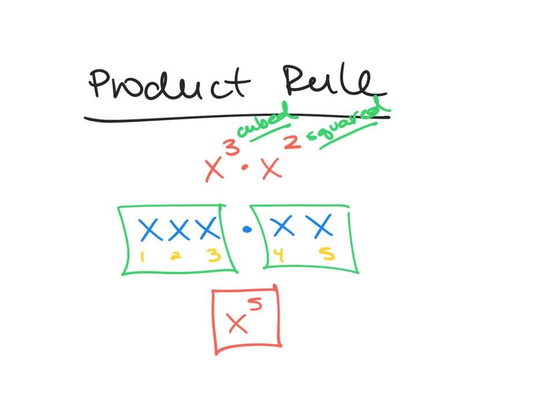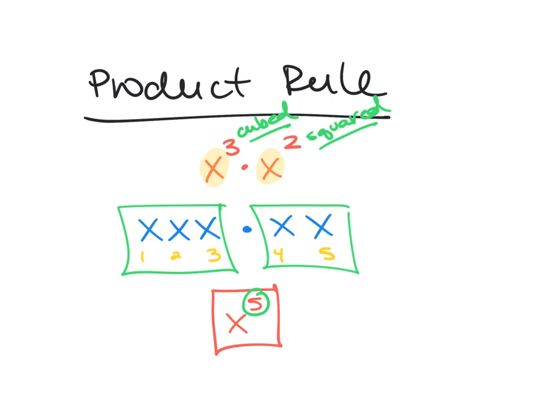So x to the power of 3 times x to the power of 2 is x to the power of 5. Now, what would have been a quick way to go about doing that rather than writing it out this long way? That would be to add the powers. So the rule is whenever you have a product, when you're multiplying, and again, they have to have the same base. I'm only talking about exponents that have the same base.